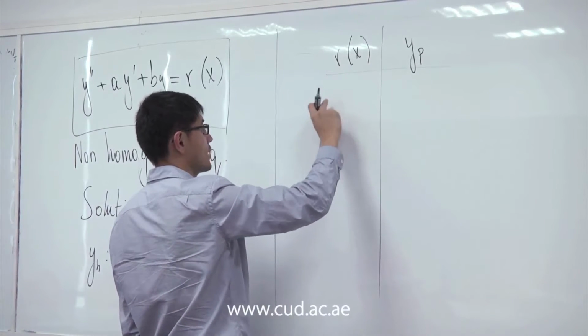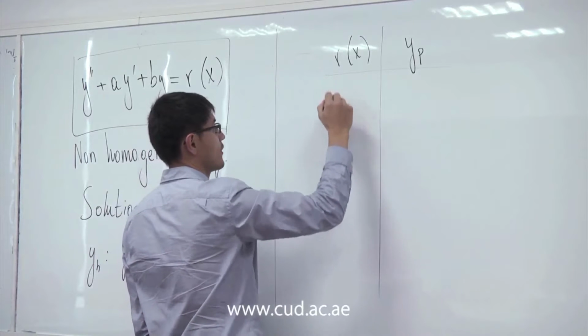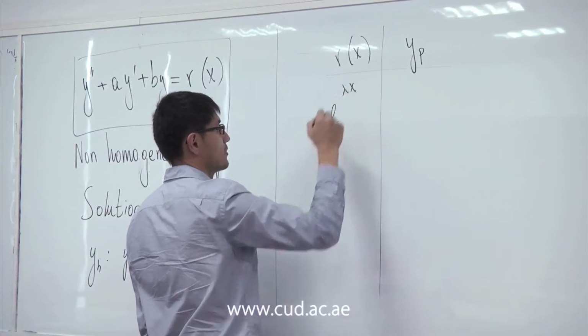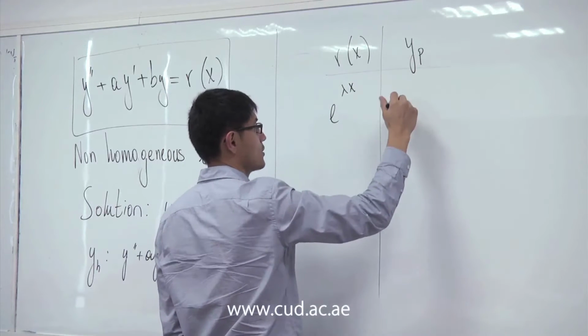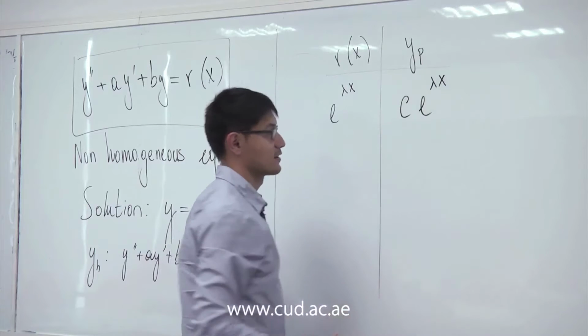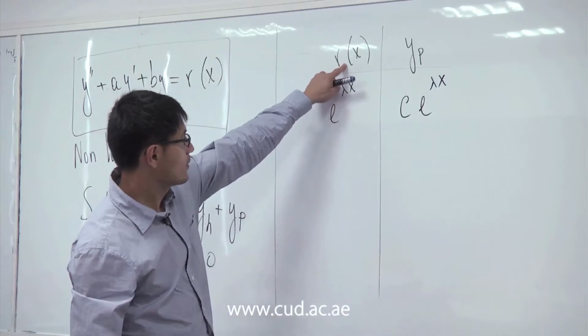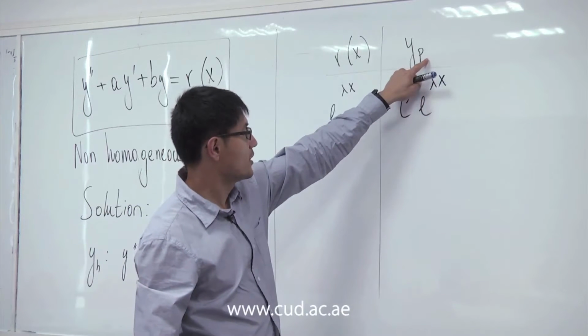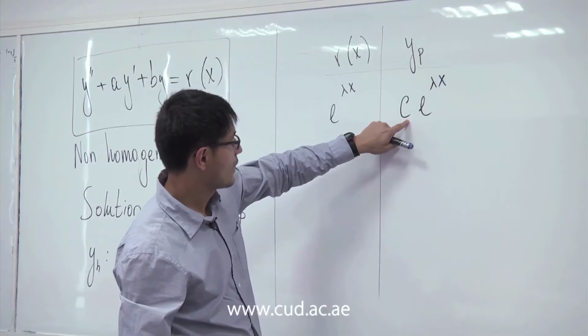So the first case is if r(x) is an exponential function e^(λx). In that case, we choose the particular solution to be c times e^(λx). So wherever the lambda is for r, we choose the same lambda for yp. And c is a coefficient that we will have to find.